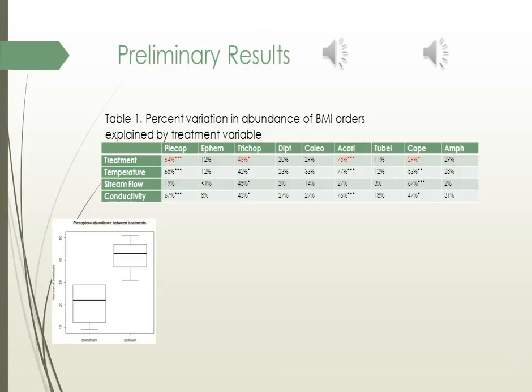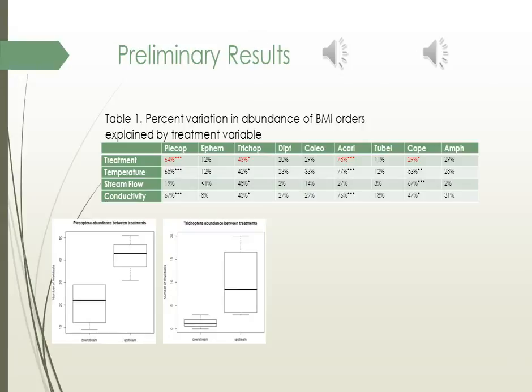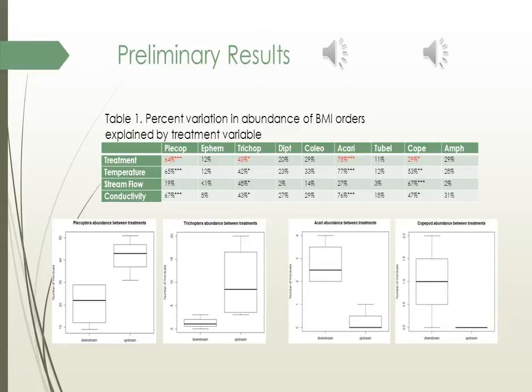And what I did find was that some orders seem to be more affected by treatment type than others. Plecoptera and Trichoptera, for example, were significantly more abundant upstream than downstream. And Acari and Copepod were significantly more abundant downstream than upstream. I will point out the difference of scale between these orders.